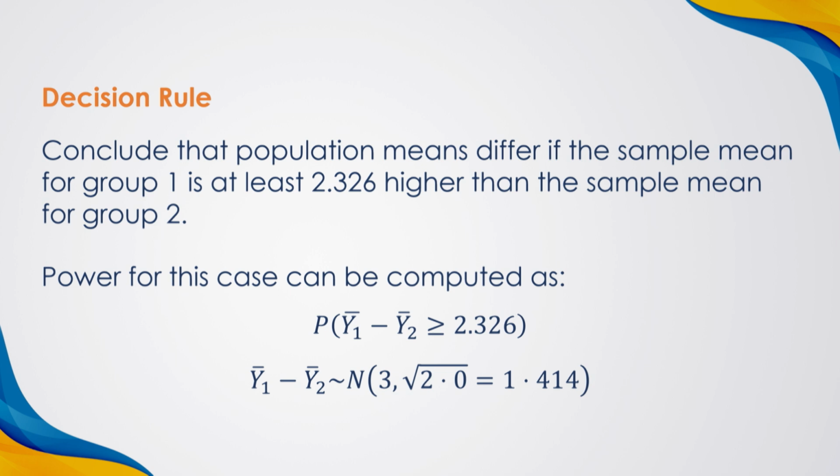Power for this case can be computed as the probability that y1 bar minus y2 bar is greater than or equal to 2.326. That is, y1 bar minus y2 bar follows a normal distribution with mean 3 and standard deviation 1.414.